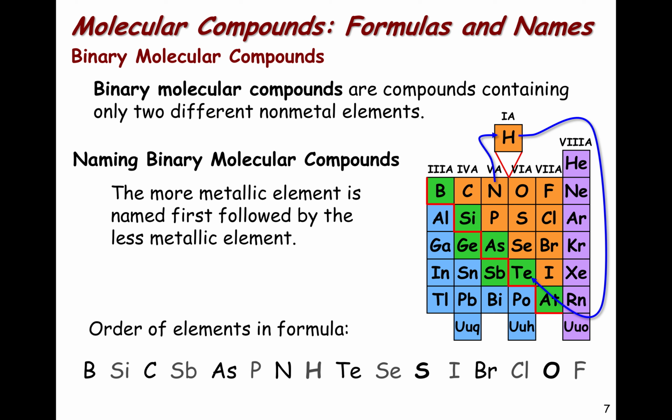Whereas if the compound has oxygen and hydrogen in the formula, then the hydrogen comes first. So for example, water is always H2O, whereas ammonia is always NH3.